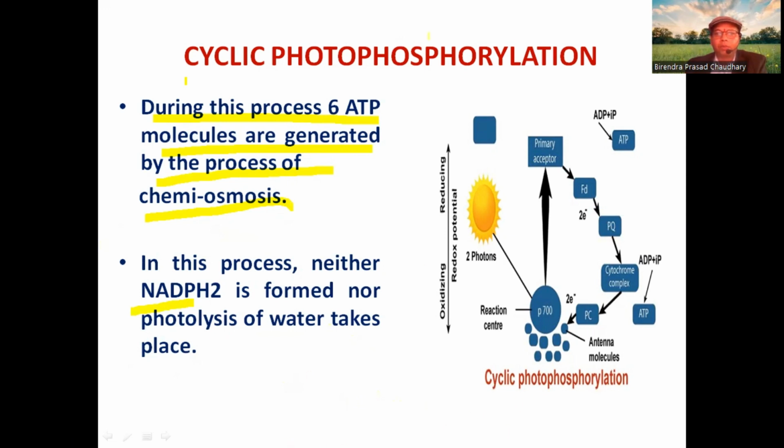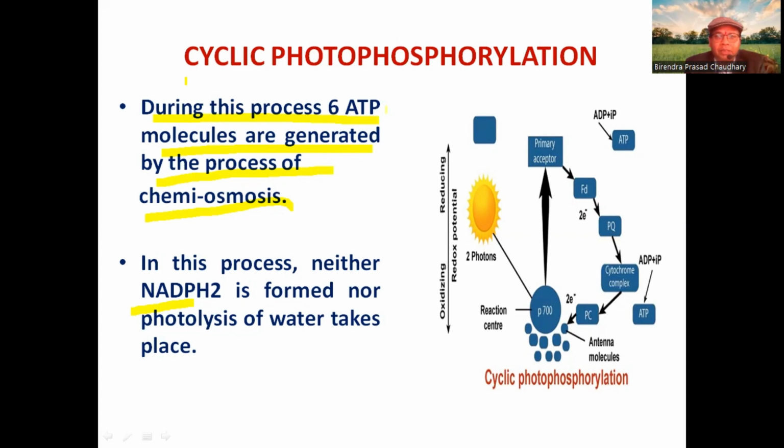यो cyclic photophosphorylation को बारेमा हामीलाई जानकारी राख्नुपर्छ कि यसमा 6 ATP मोलिक्युल बन्छ र NADPH2 बन्दैन, त्यस्तै फोटोलाइसिस अफ वाटर हुँदैन। यी तीनवटा मेजर पोइन्ट हुन् जुन हामी साइक्लिक र नन-साइक्लिक फोटोफस्फोरिलेसनको डिफरेन्स लेख्ने बेला काम लाग्छ। How many molecules of ATP are generated in cyclic photophosphorylation? We have to know that it is 6 ATP.